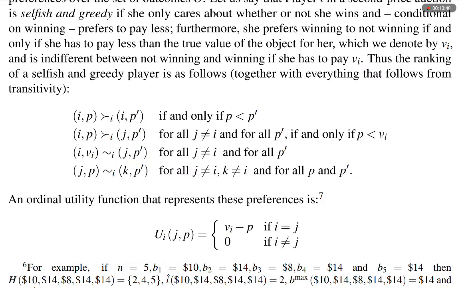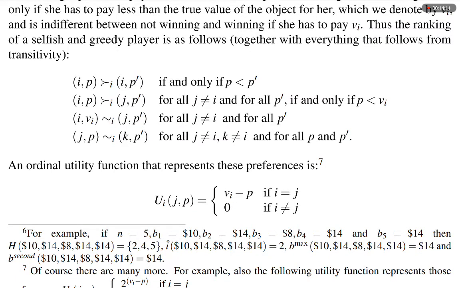Thus, the ranking of a selfish and greedy player is as follows, together with everything that follows from transitivity. The ordered pair (i, p) is better than (i, p') for player i if and only if p is less than p'. The ordered pair (i, p) is better than the ordered pair (j, p') for player i, for all j not equal to i and for all p', if and only if p is less than v_i.